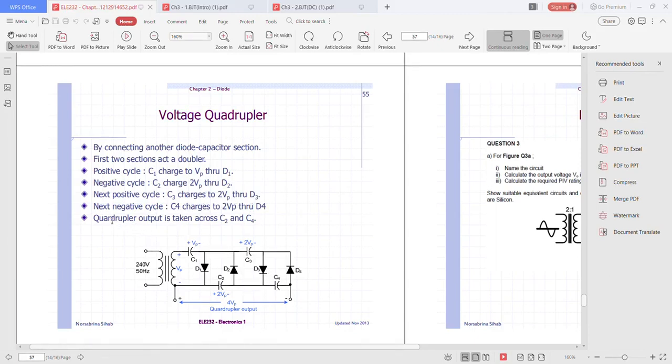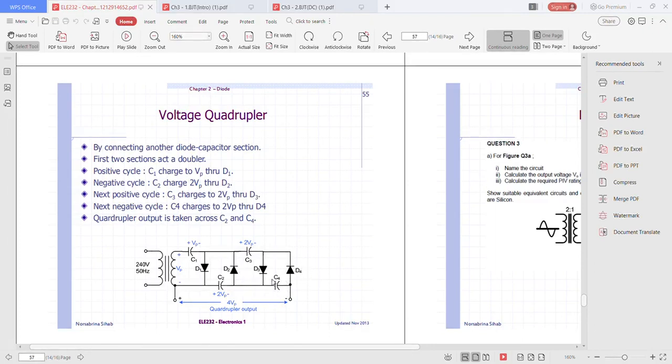And during the next negative cycle, this is minus polarity and this is plus polarity. So your current should be flowing this way, this direction. So during this negative cycle, D2 will be on, D4 will be on.